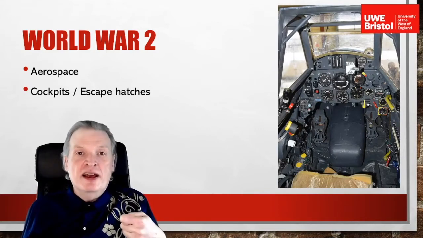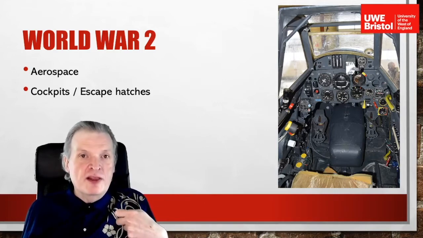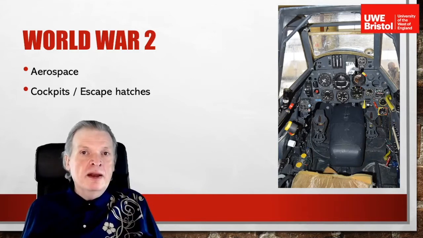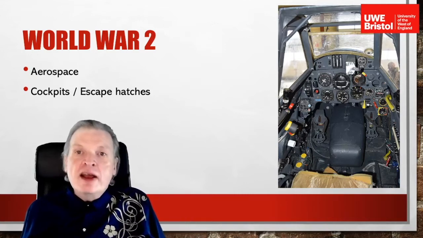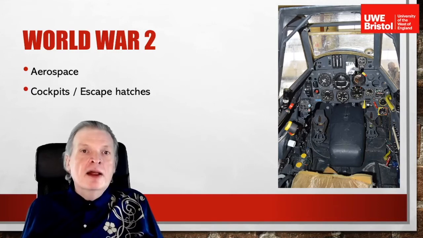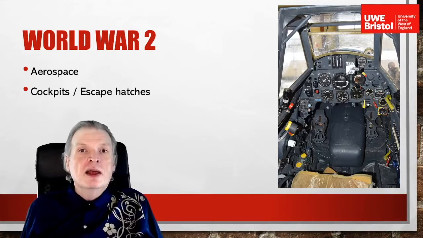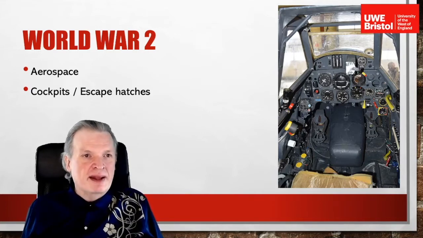This is a fighter cockpit of that era, and you can see there are a lot of dials and buttons and knobs which need to be operated accurately, quickly, under extreme pressure. And the designers of these aircraft discovered that making quite small changes to the layouts of things like cockpits and also escape hatches made a huge difference to the survivability of the planes.